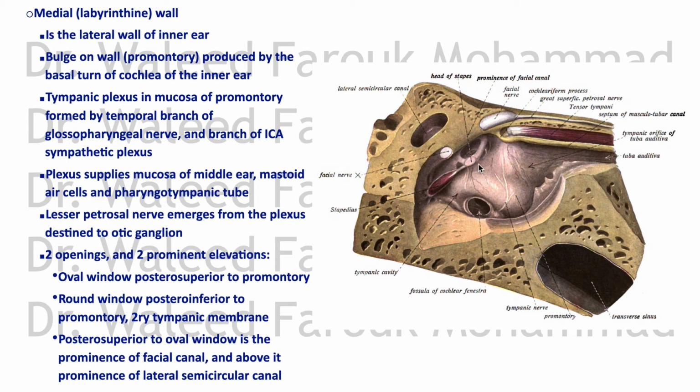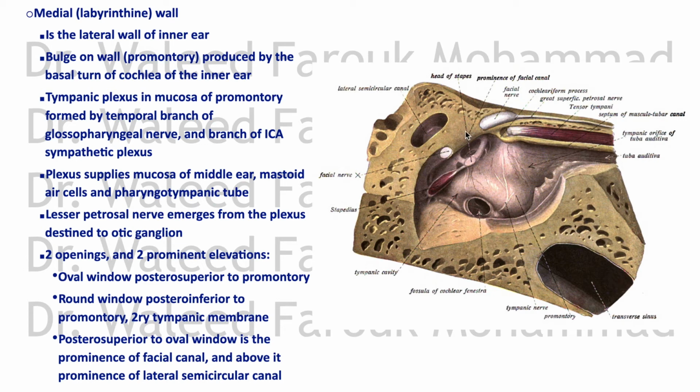Okay, another feature on the medial wall, two prominent protrusions, posterior superior to the stapes, or to the oval window. The first one is for the facial canal. See the facial canal on its way into the posterior wall and down. And the second one above it is for the impression of the lateral semicircular canal of the inner ear.